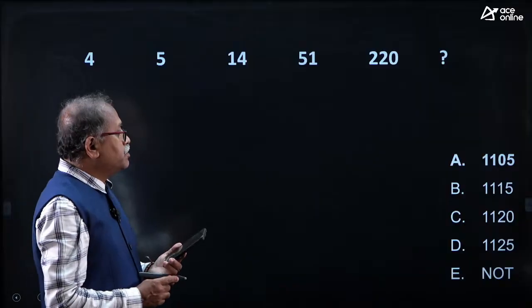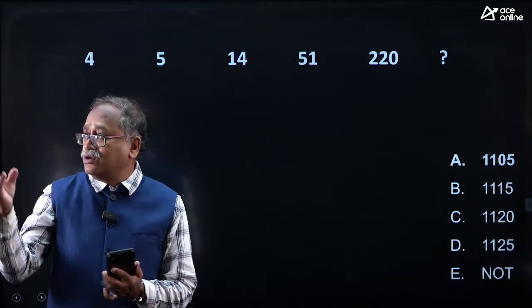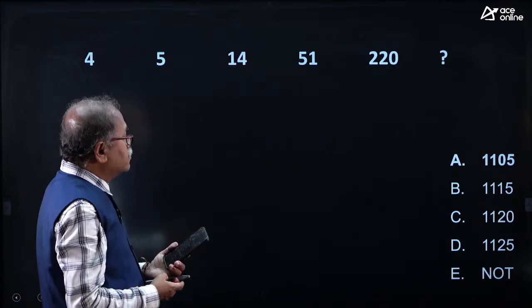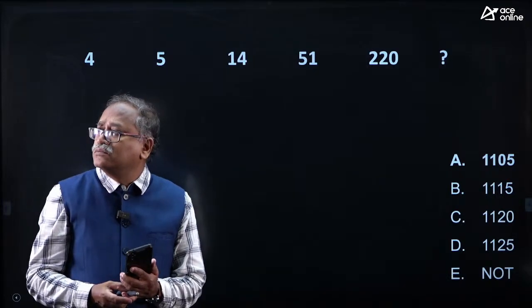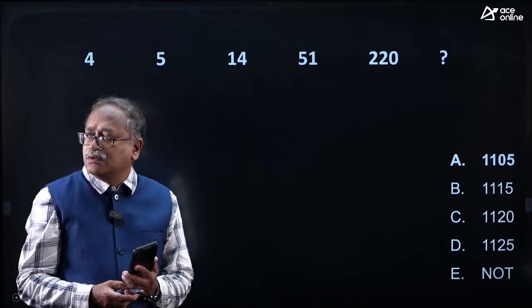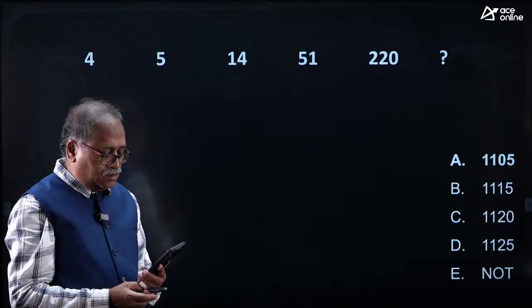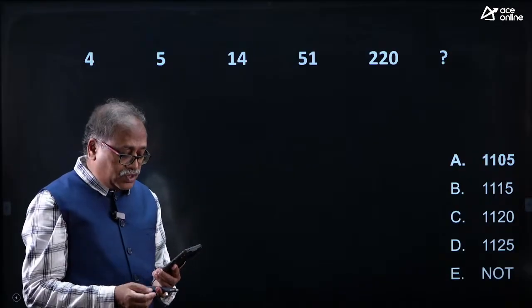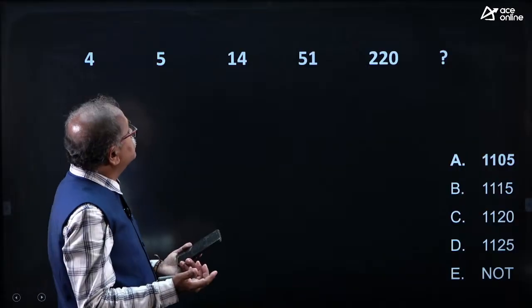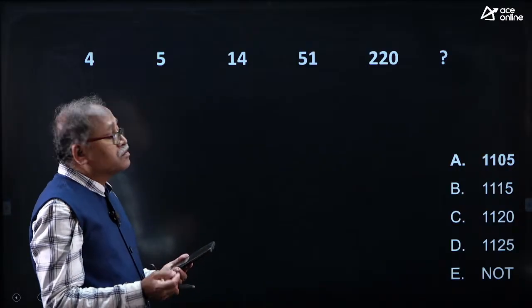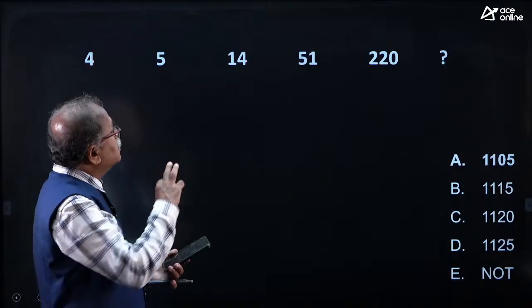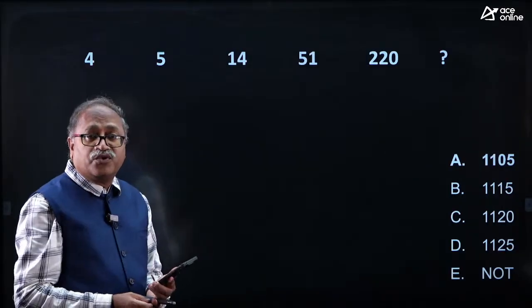The first one, the moment I am looking at the question, that is 4, 5, that is into 1 plus 1, I can understand that. If that is into 1 plus 1, the next one is into 2 plus 4.